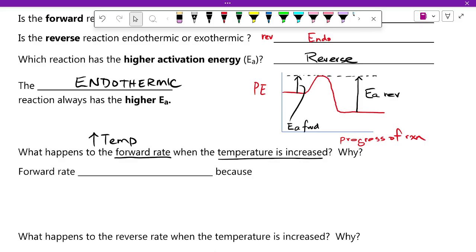Are we ready for me to pick a card, or do we need a little more time? When we increase the temperature, what happens to the forward rate, Kiona? It increases. Why does it increase? Sambed, what is one reason why the forward rate increases when temperature is increased?